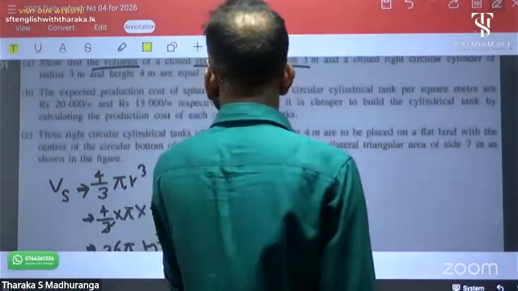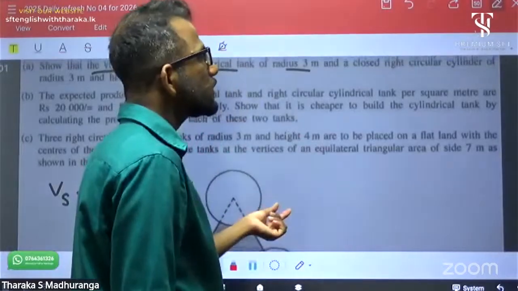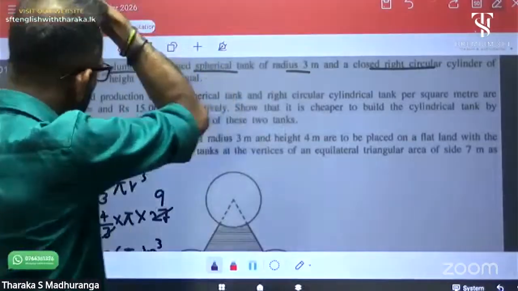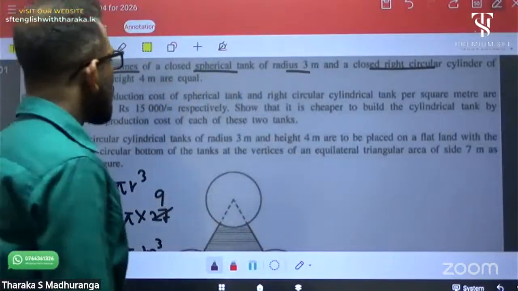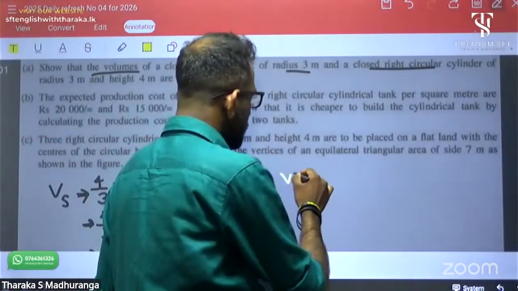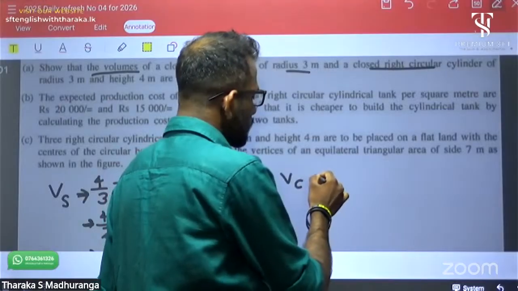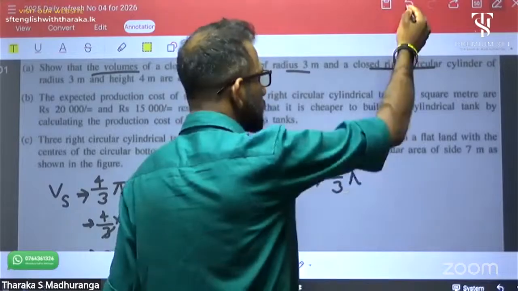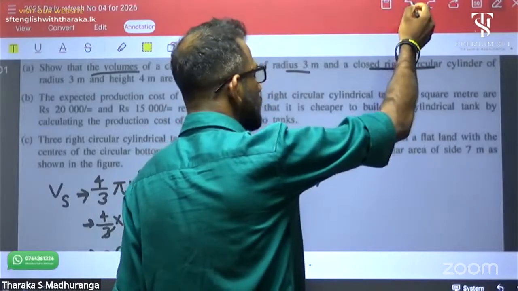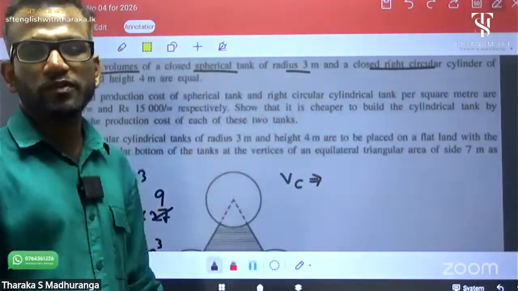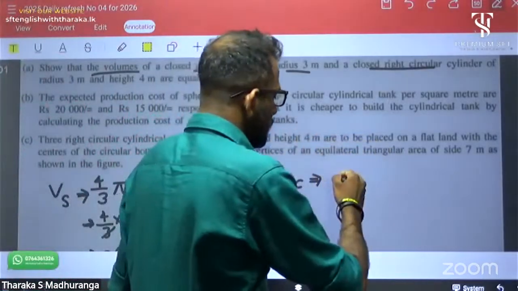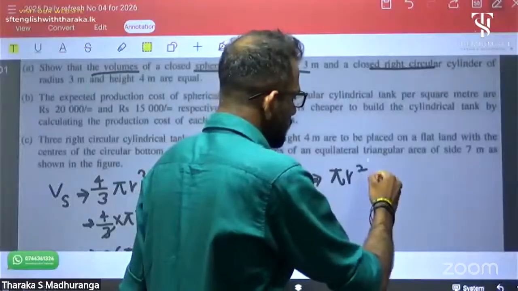Okay, next you can get the volume of the closed right cylinder, of radius 3 meter and height 4 meter. How do we calculate the volume of a cylinder? What's the equation? 1/3 pi r, sorry, no need for 1/3. It is pi r squared h, because it is a uniform cross section object. The cross section area is pi r squared, into h.